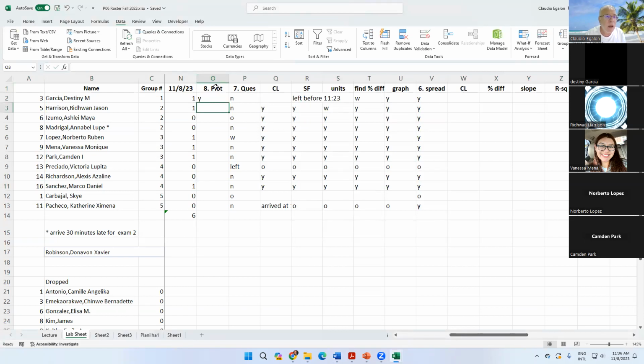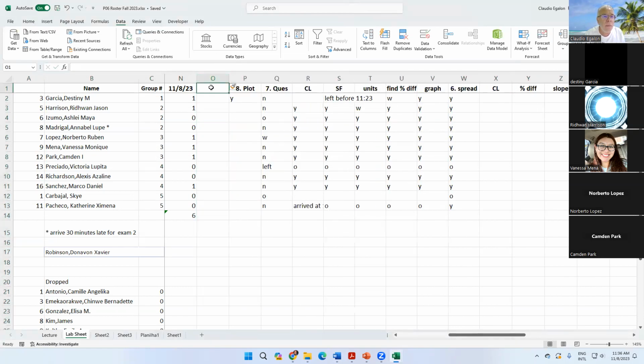After plotting the graph, did you get the percentage difference? I'm still kind of working on that. Okay, still working. Good. So read one, did you plot the graph? I haven't got the percentage difference yet. Working on the units. Okay. You plotted the graph. Yeah, okay.